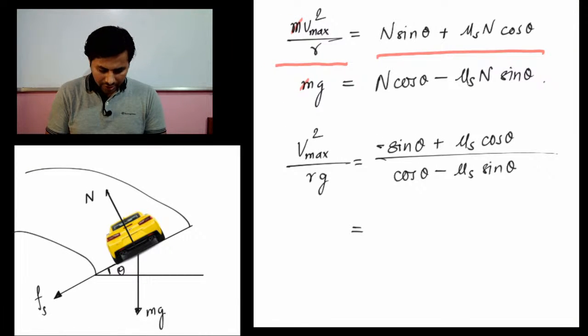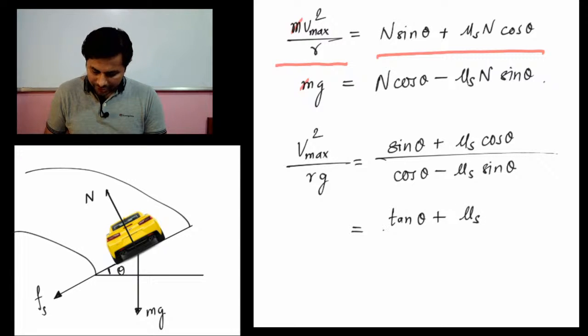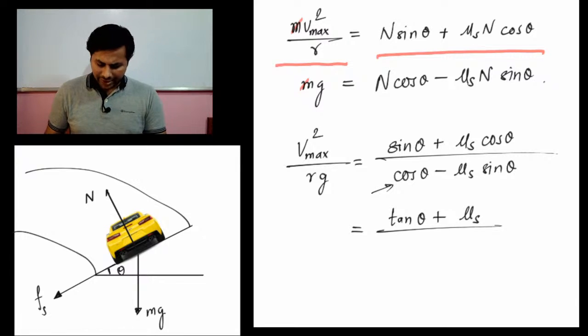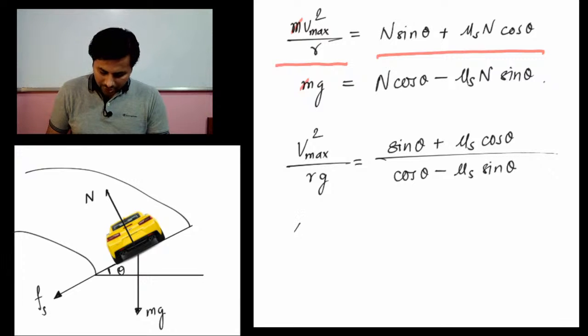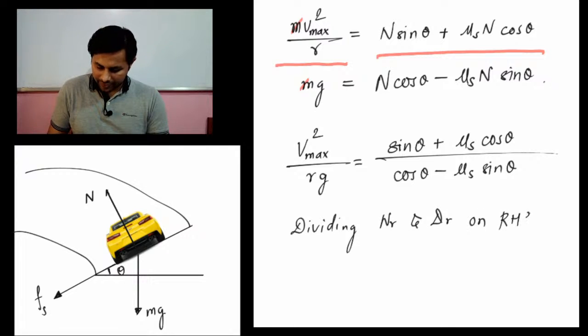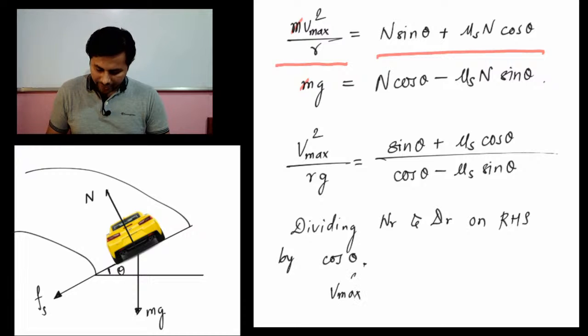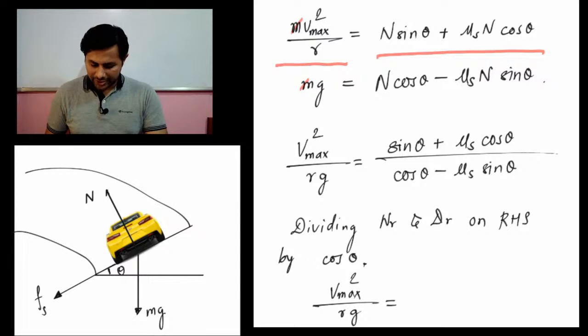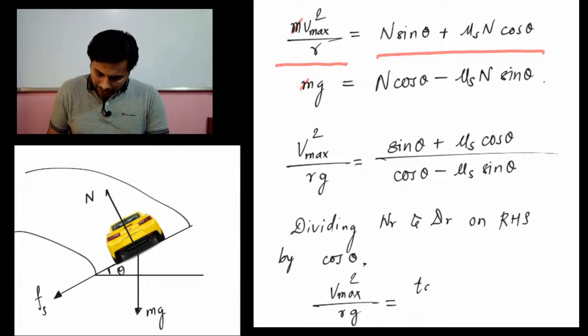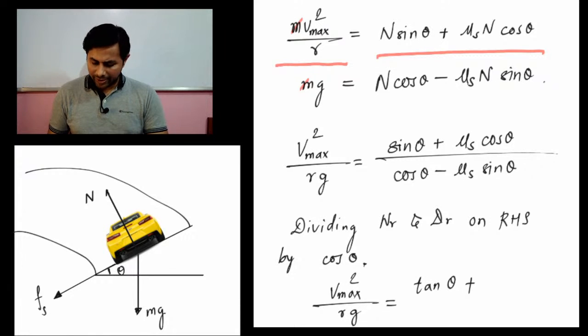We get V max squared over Rg equals, on the right hand side, sin theta over cos theta is tan theta, so tan theta plus mu s multiplied by cos theta divided by cos theta, which is just mu s.